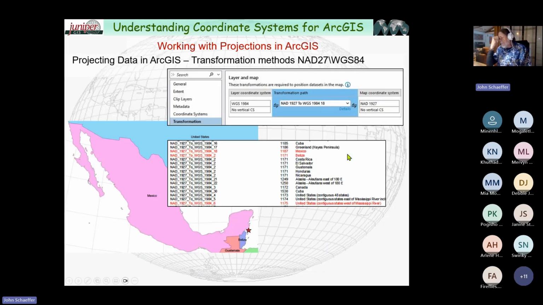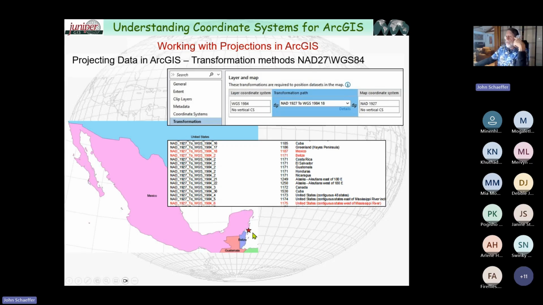Now, here's another place where I've got information about moving between different datums. And just as an example of not necessarily taking what seems to be most obvious, but implying a little bit of your own logic.